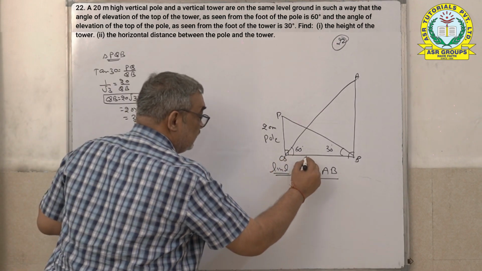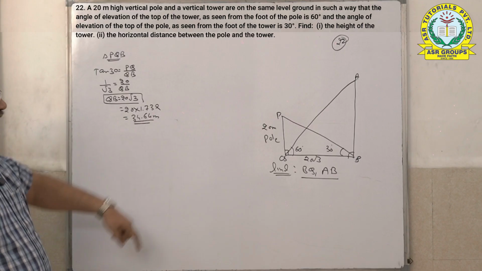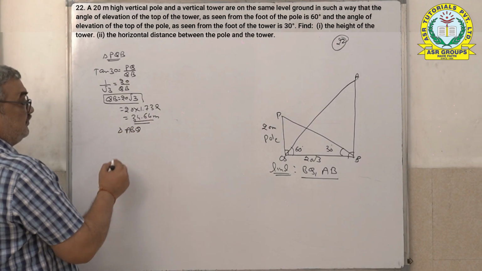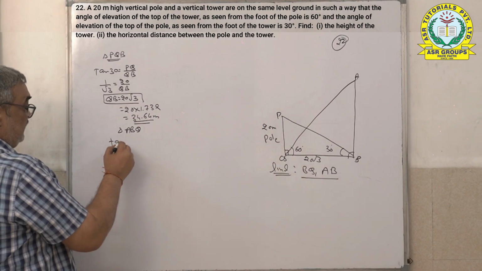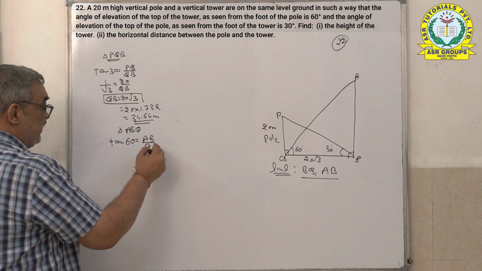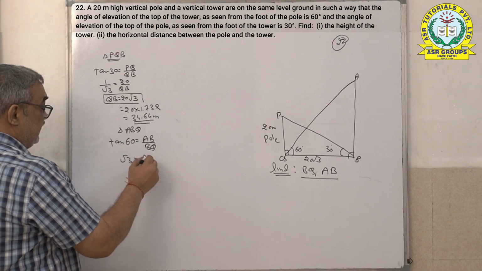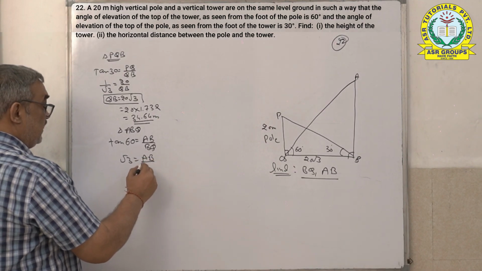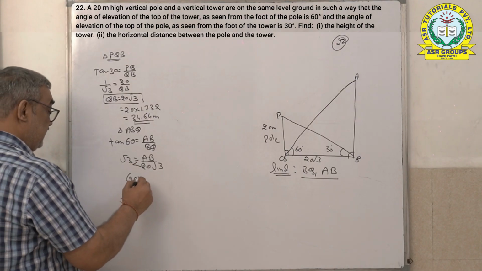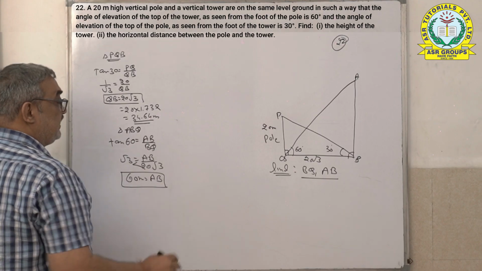This I got. Got it? Now we'll take the big triangle. In triangle ABQ, tan 60 is AB upon BQ. Root 3, AB I don't know, 20 root 3 multiply, so I got the height of the tower is 60 meter.